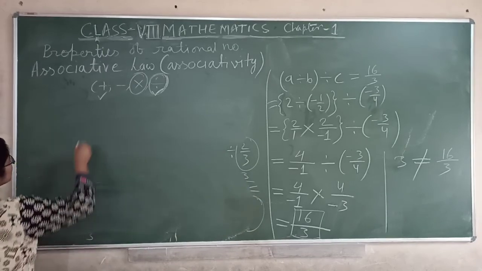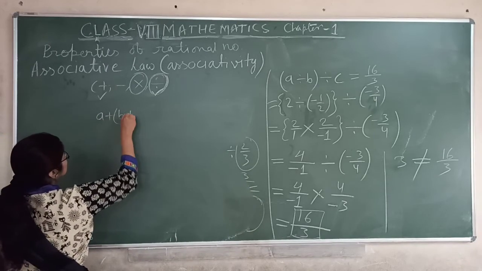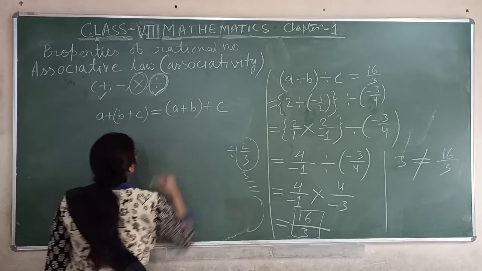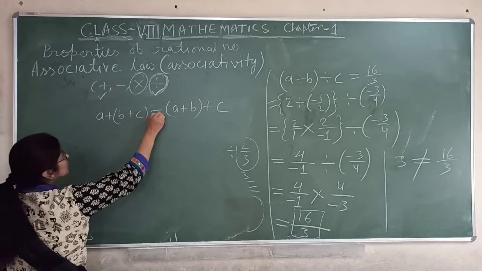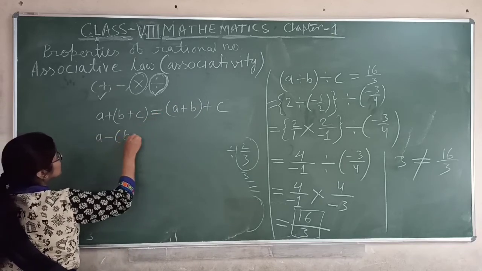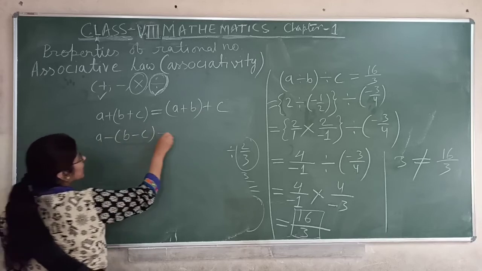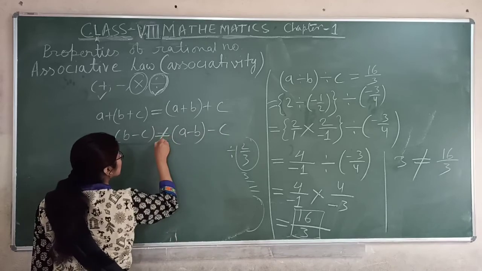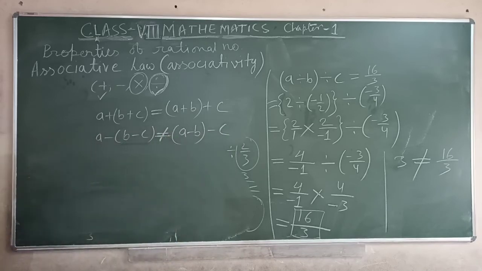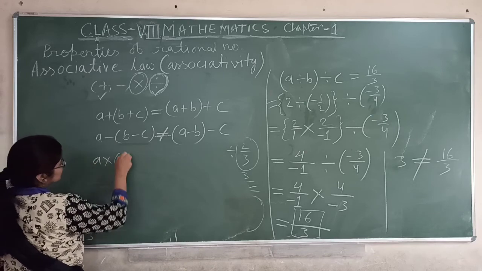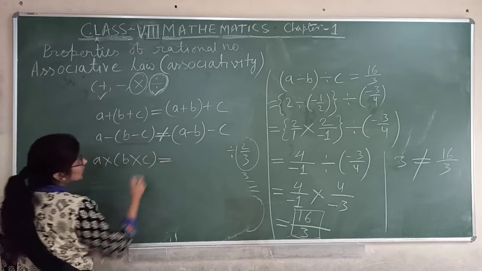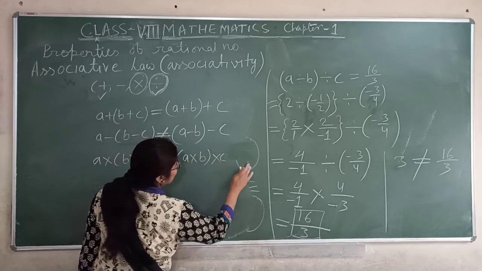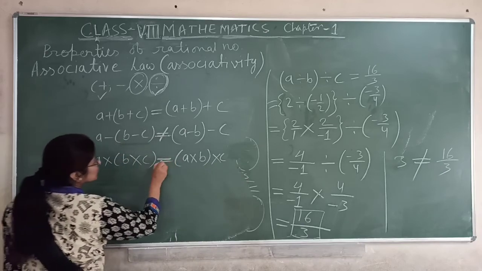So if you write this whole thing in short, how will you write it? For addition you write: A plus (B plus C) equals (A plus B) plus C. This one is applicable, so equal sign here. A minus (B minus C) and (A minus B) minus C: this one is not applicable, so not equal sign here. Next one, A into (B into C) equals (A into B) into C. Okay, this one is applicable, so equal sign here.